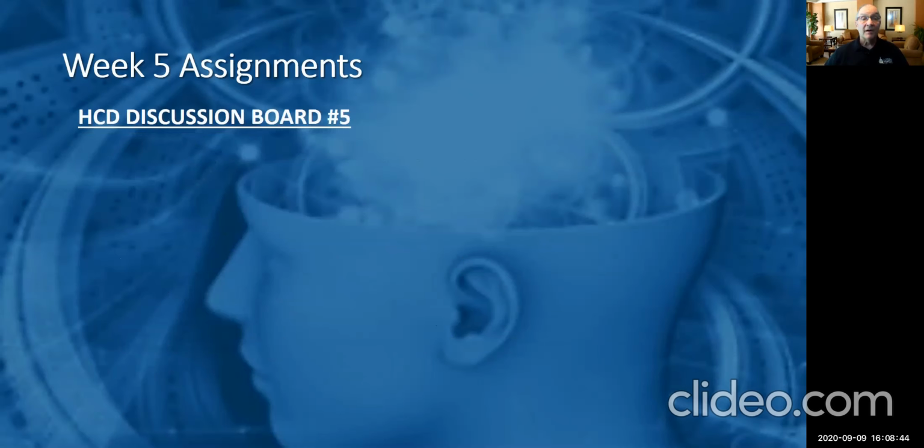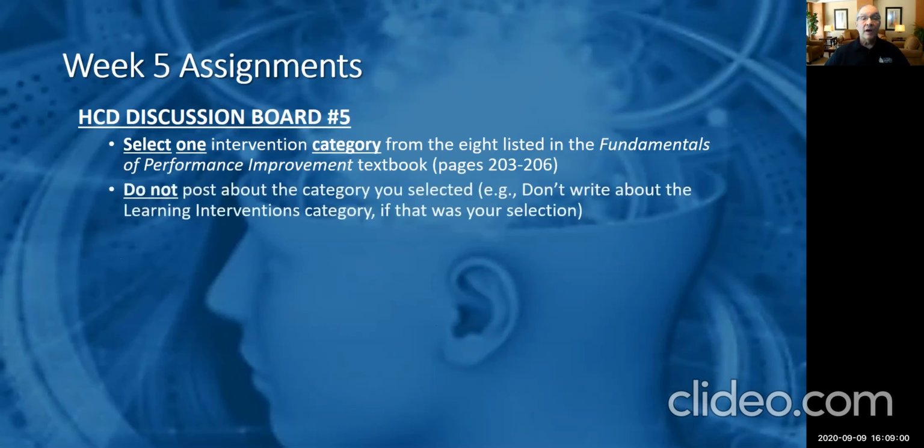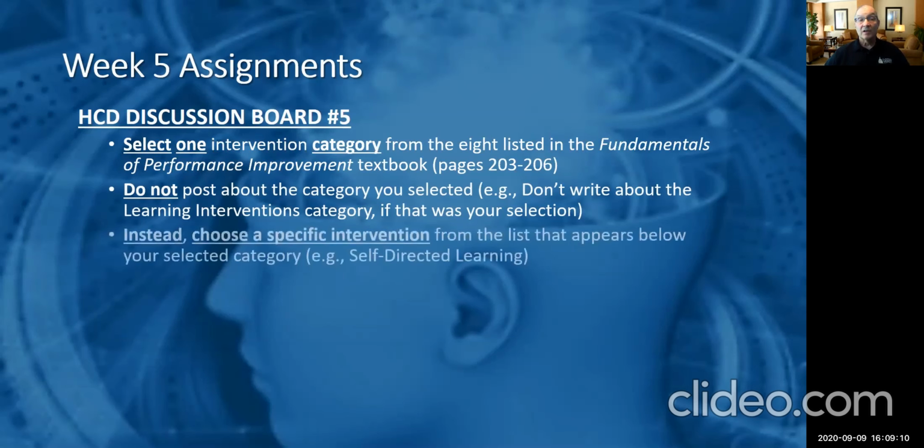Discussion board number 5 will also be due next week in week 5. You'll select one intervention category from the 8 listed in the Fundamentals of Performance Improvement textbook between pages 203 and 206. You will not post about the category you select per se. That is, don't write about the learning interventions category if that was your selection.